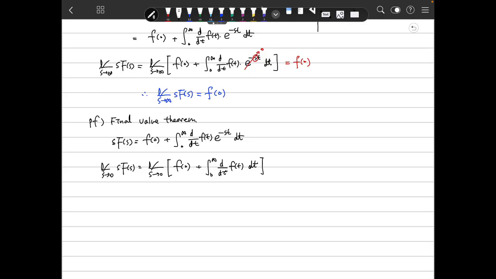Then what's the value of that? That is f(0) plus the integral from 0 to infinity of d/dt f(t) dt.